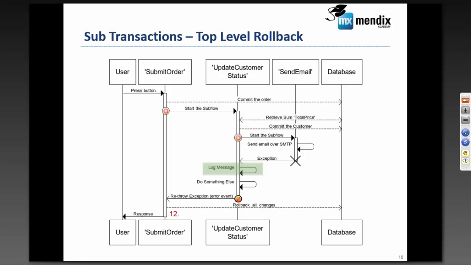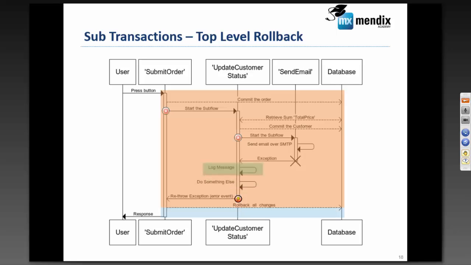My highest level says we're going to roll back whenever we hit an exception, so no matter what happens, we're going to roll that back. As we've looked at before, everything that goes on within this transaction itself will be rolled back, but that blue area down at the bottom is going to show that we have a new transaction that will be spawned. That transaction will then allow us to do those custom pieces such as update the customer status to failed or the order status to failed, log messages, or even send an email or an internal message to the system to say, hey, we've run into this issue and this is what's going on.